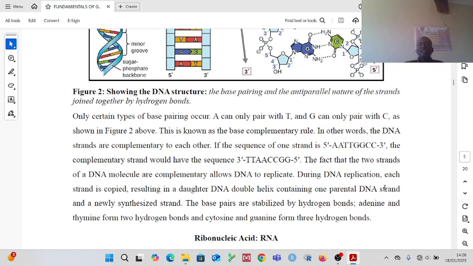So we will see now how this principle of base complementarity comes into use when we'll be talking about DNA replication. During DNA replication, the strand is copied. Okay? You copy a strand, then you create what we call a daughter strand.